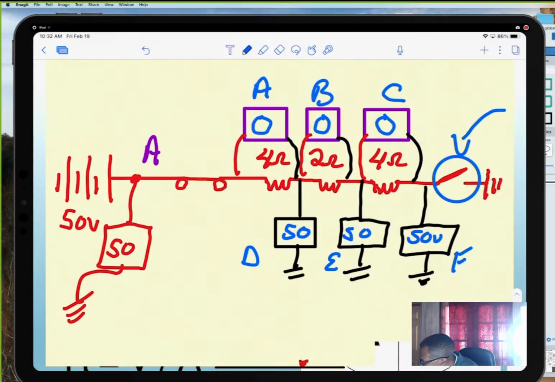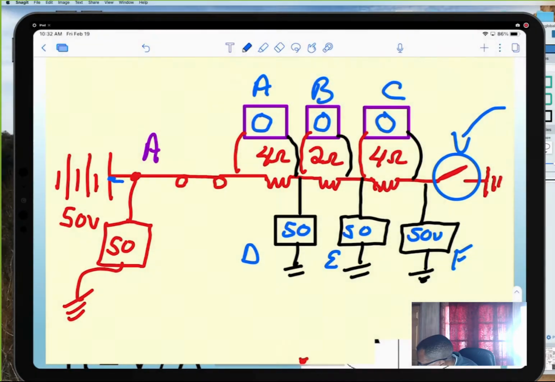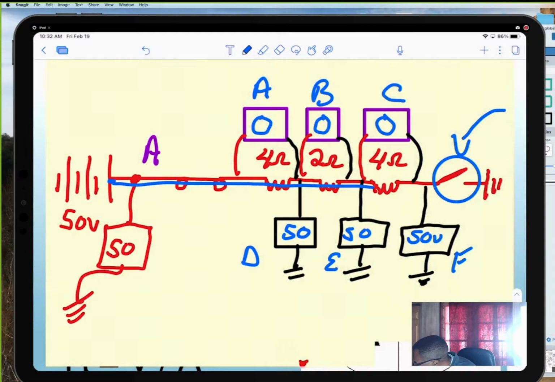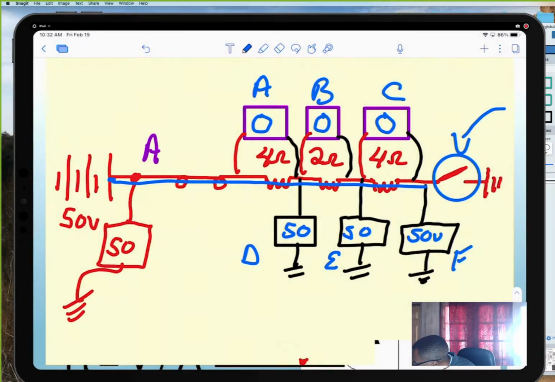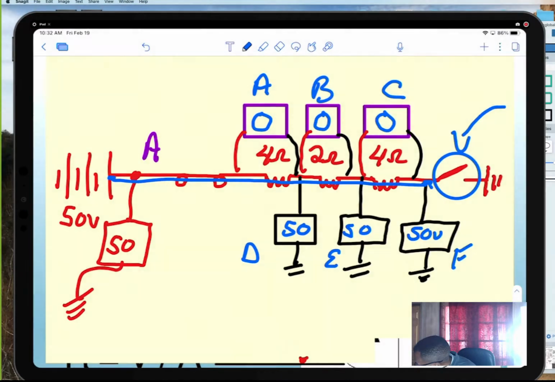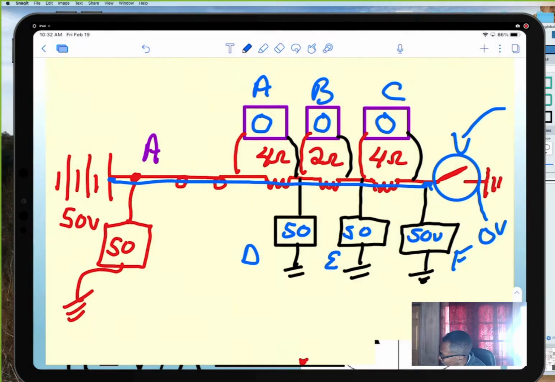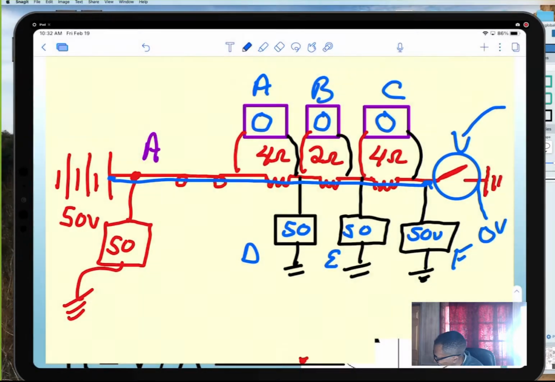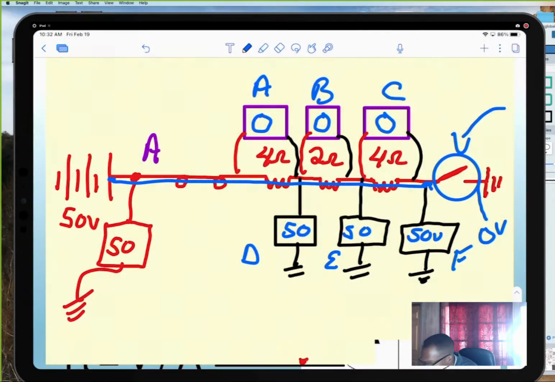And the reason why is because this 50 volt hot right here is on this line, it's gonna go straight through and not drop up to that point, up to the open. It ain't gonna drop. But on this side of it, it'll be 0. That was real good, y'all.